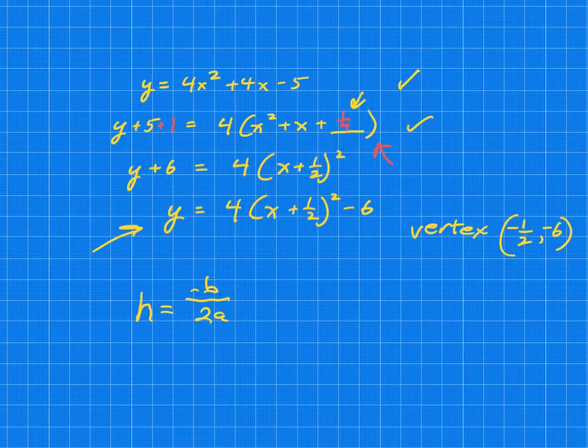So we're going to use this technique to find and graph a function in standard form, and we'll do that on our next page. Note that when we converted to vertex form, the x value of the vertex was negative 1/2, so it's confirming what we should expect.